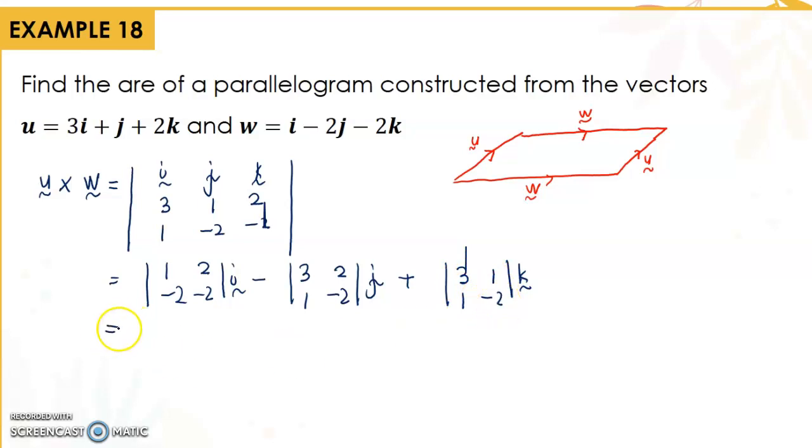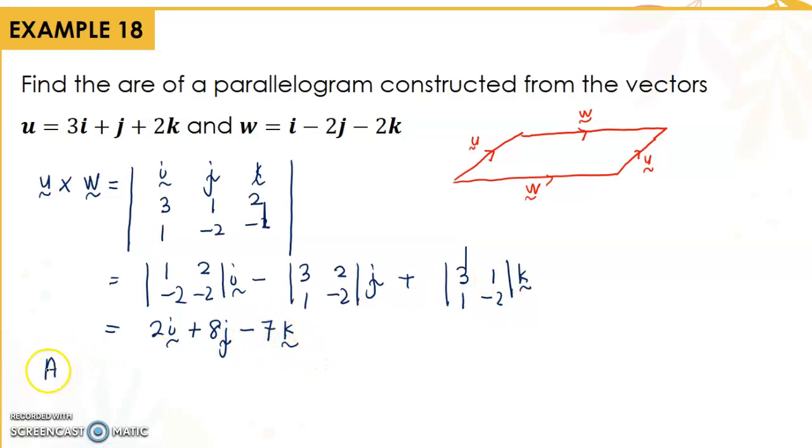Okay, and then we calculate ad minus bc. Negative 2 plus 4, we get 2i, minus negative 6 minus 2. So negative 8 will be positive 8j. And then the last one, negative 6 minus 1, we get negative 7k.